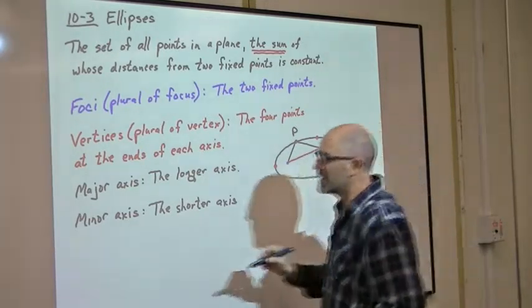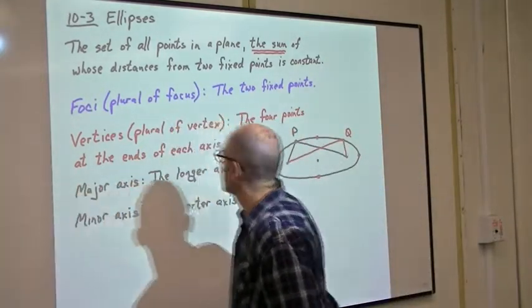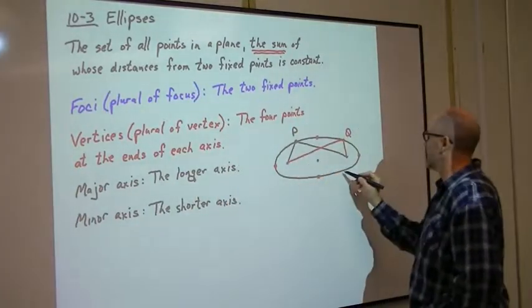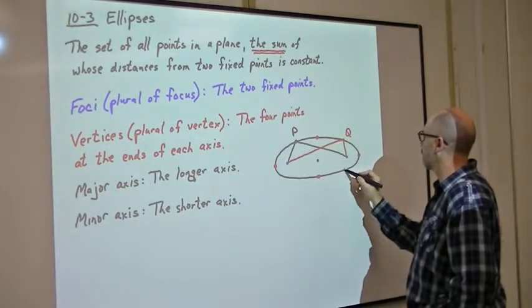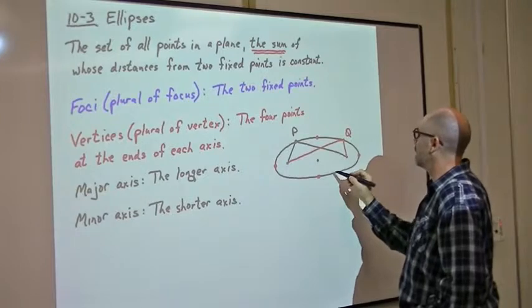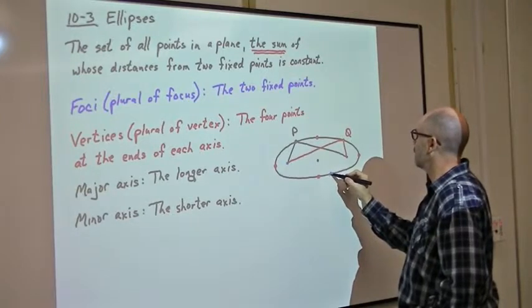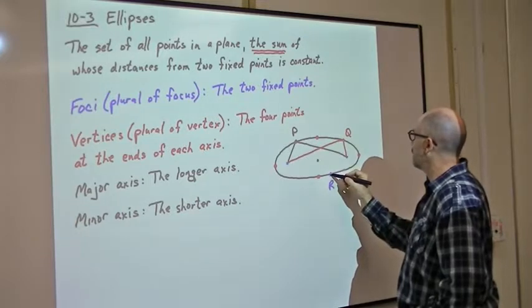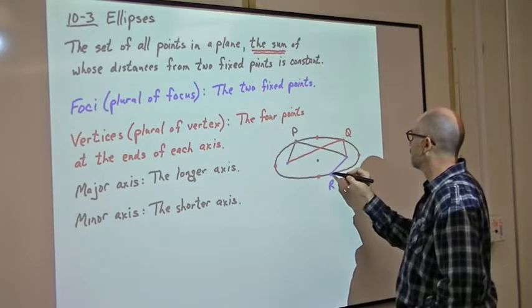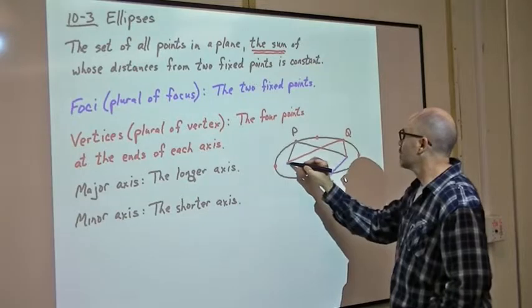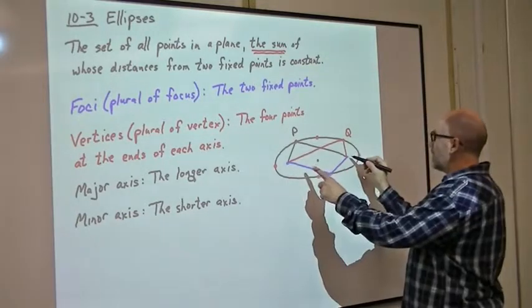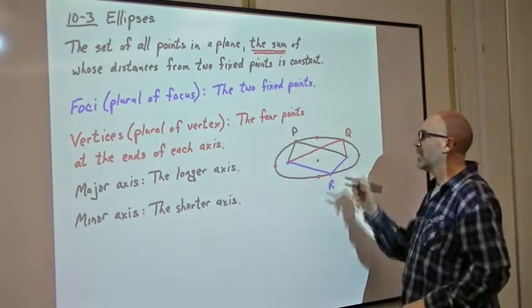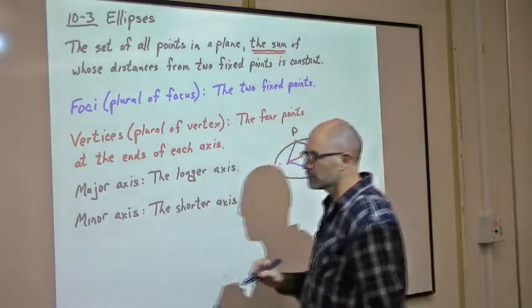Now let's say I take another point. We'll just take a point down here. This is totally random, so we'll put point R right here. Now the distance from R to the focus and R to the other focus, add up the blues, and it's the same as the reds or the blacks.